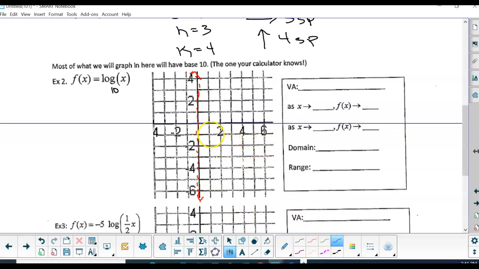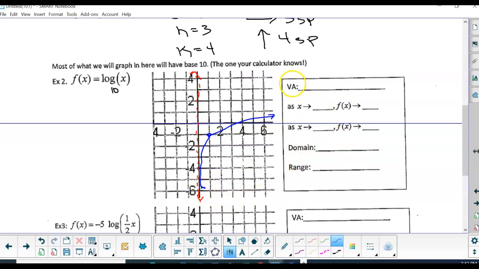We know we're usually at (0, 1). Now we're going to be at (1, 0). And this has to go along here really close. We don't want to cross. Come up through that point and then kind of go off on a nice curve like that. And we have arrows on the end.